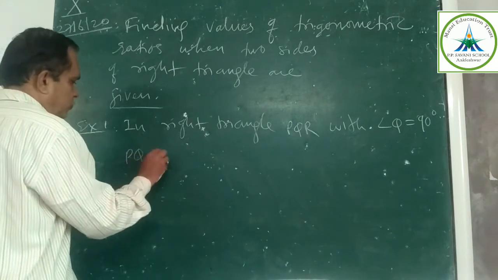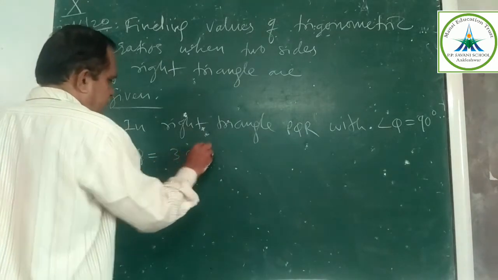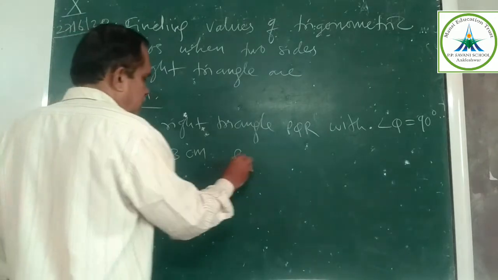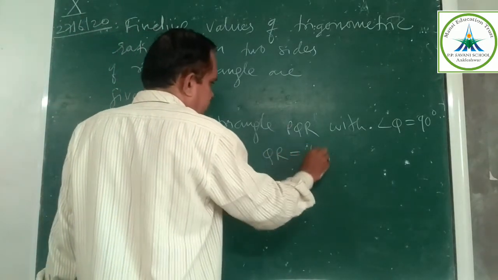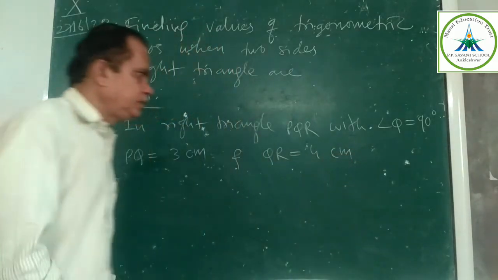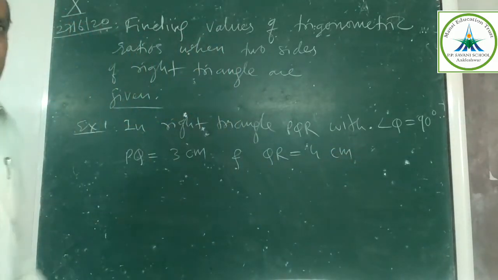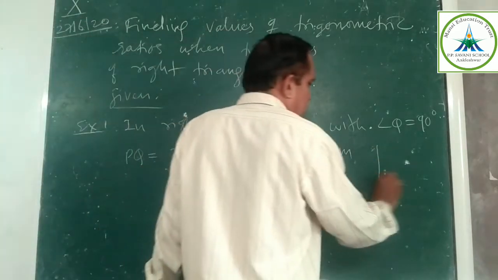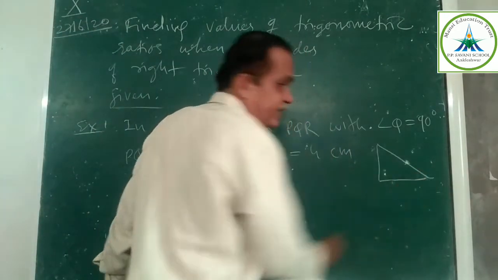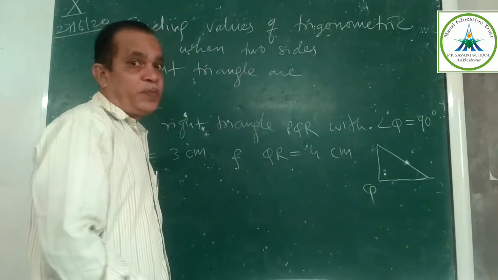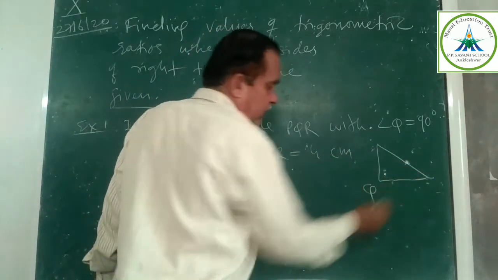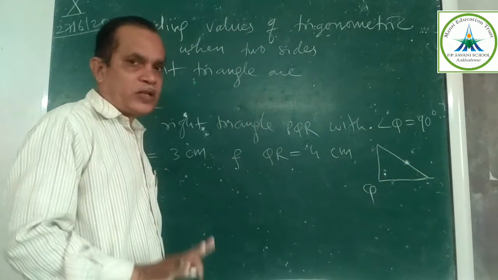PQ equal to 3 centimeters and QR equal to 4 centimeters. Students, they are giving in words to understand which side it is. Okay. Let us draw a small triangle. Understand also. This is Q. You want to give 90 degrees. Now PQ, give here or here, up to you, up to us.